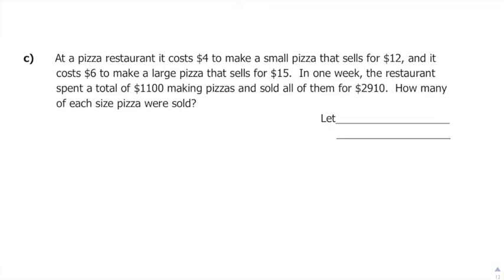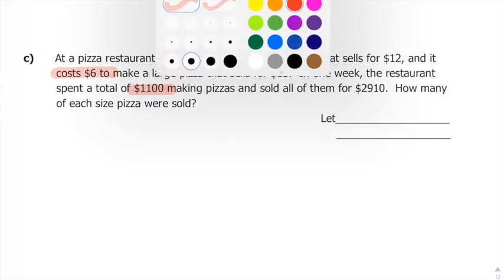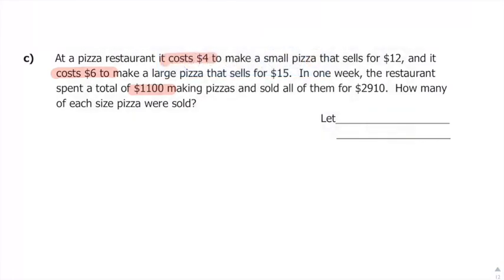So I guess we're going to have two different things here. The way I see it, you have a cost, like it costs $4, $6, and everything costs together $1,100. And then the other situation is dealing with the selling.